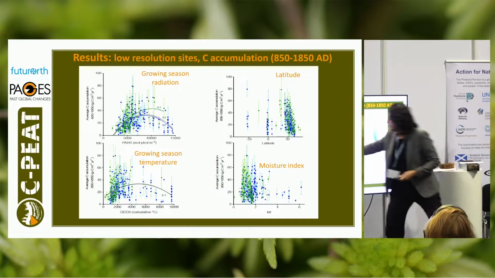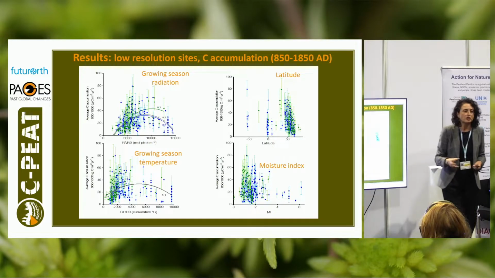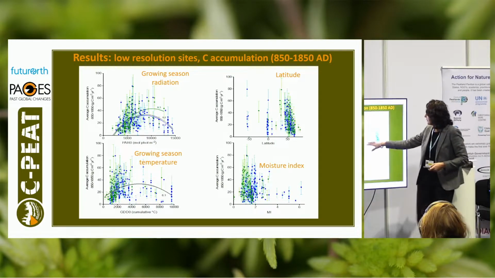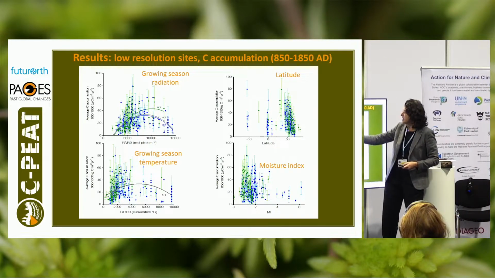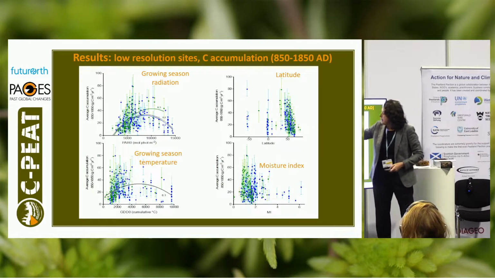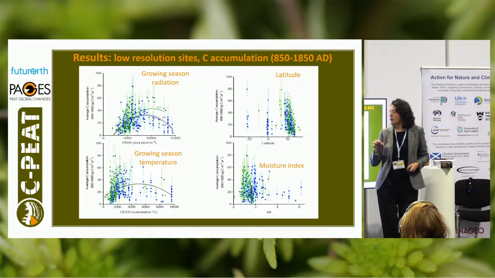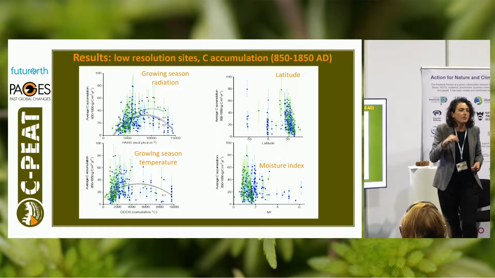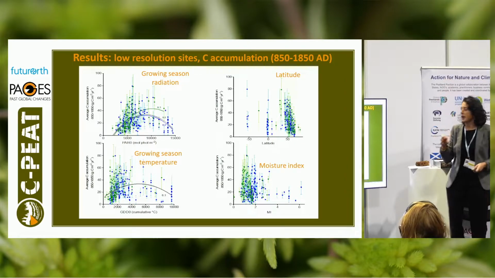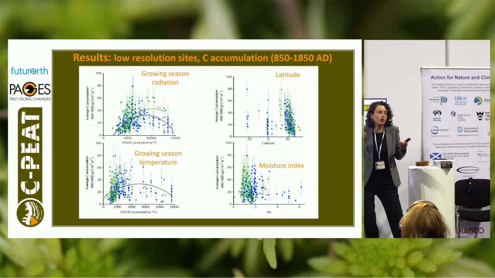and here on the x-axis are different environmental drivers. You have the same representation, green is fence and blue is box, never mind. This is photosynthetic or growing season radiation, so how much radiation gets to the site. This has a temperature effect in it because the warmer it is, the longer the growing season.